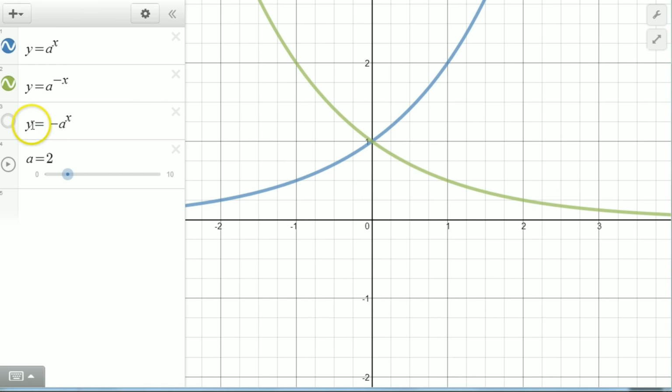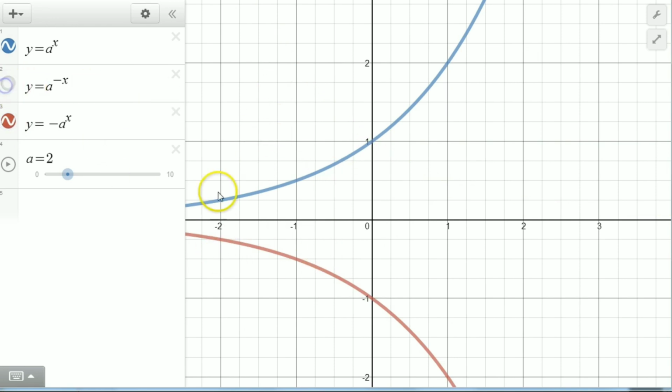Let's see what happens when we have y equals minus a to the x. Like we saw from our quadratics, when we have y equals x squared it's a normal parabola, and y equals minus x squared is an upside down parabola. We'll see the same thing here: if this blue line is y equals a to the x, then this red line is y equals minus a to the x, and it's been reflected across the x-axis.